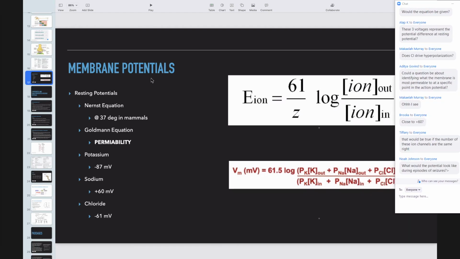Alrighty. So that's kind of the nitty gritty. What would a potential look like during episodes of seizures? So that's more of if you have an excess of glutamate or even a deficiency in GABA, that can lead to seizures, lead to seizure disorders.